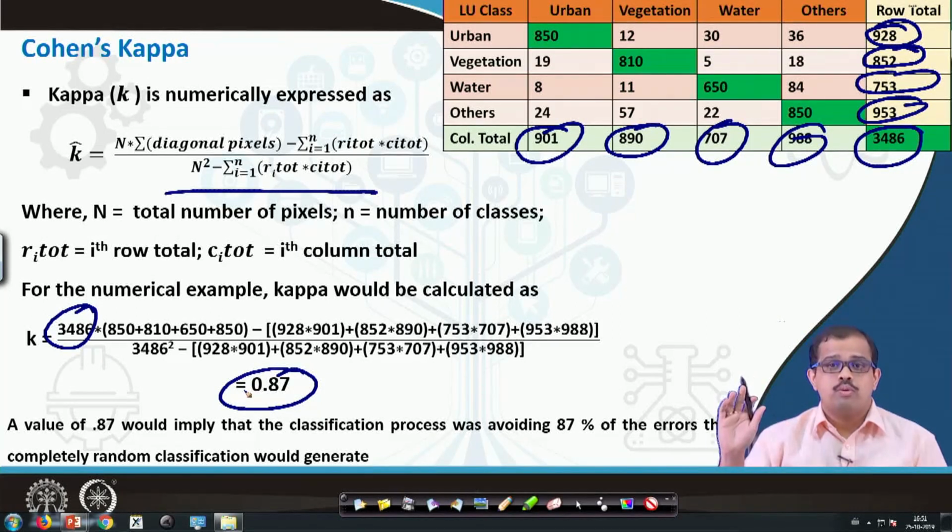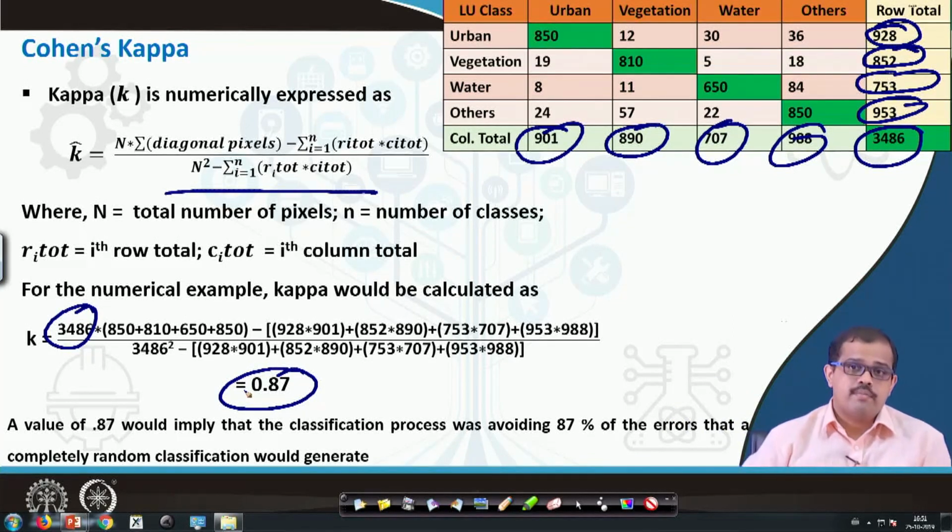Kappa gives you the avoidance rate of misclassification compared with other random classification measures. So that is what kappa means. This is another way of looking at the raster data which is used for classification. So this is about kappa.